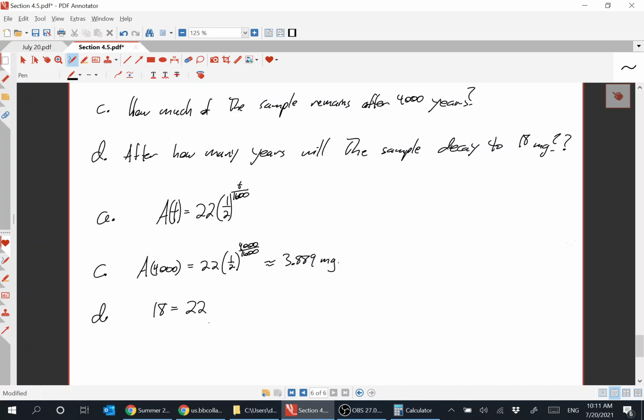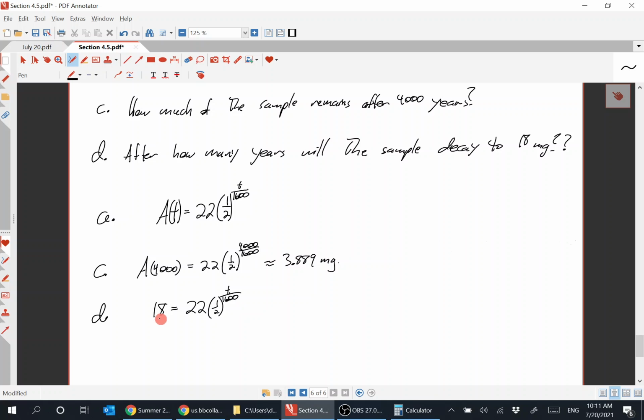How you actually know these things is a complicated question for chemists and physicists and people who study these matters. But the mathematics they use to then date such a sample is exactly this.